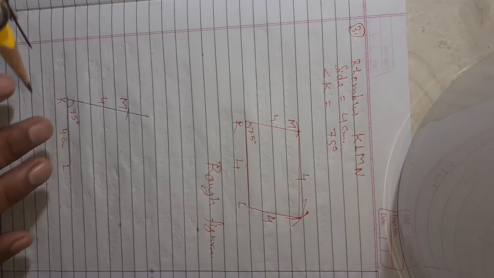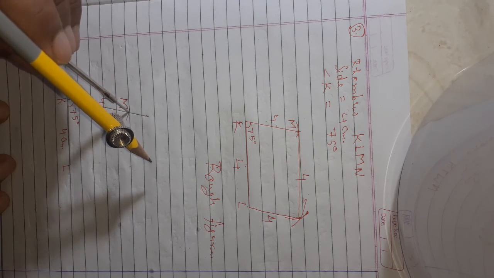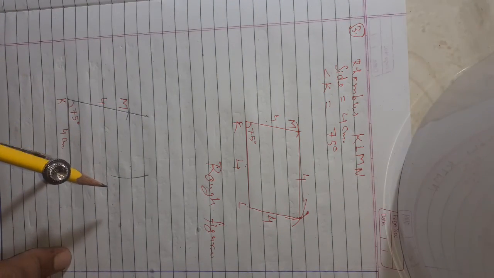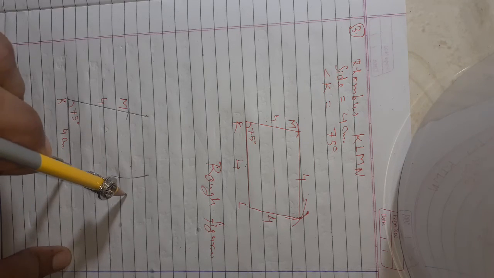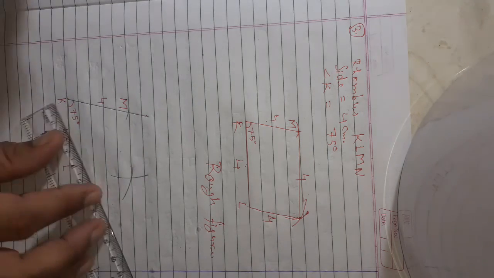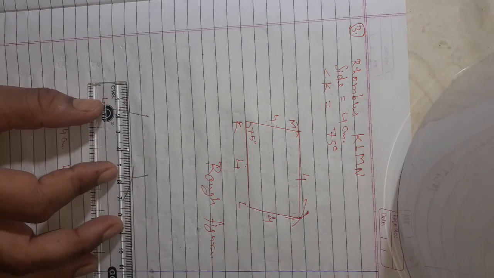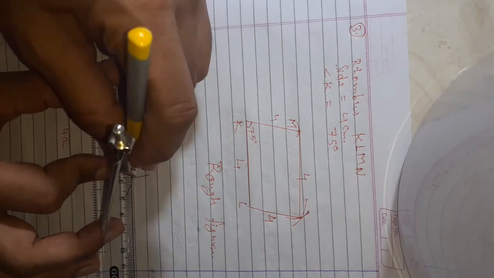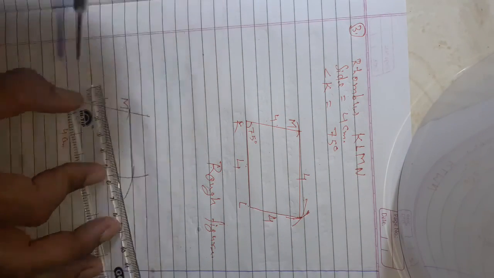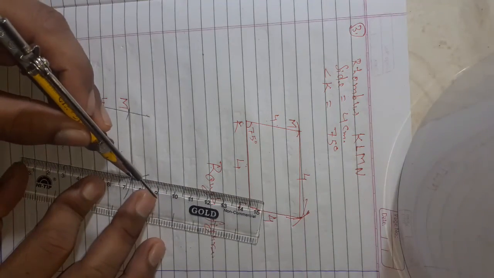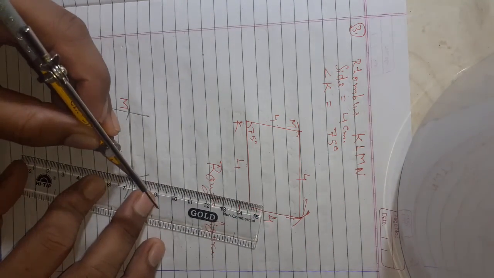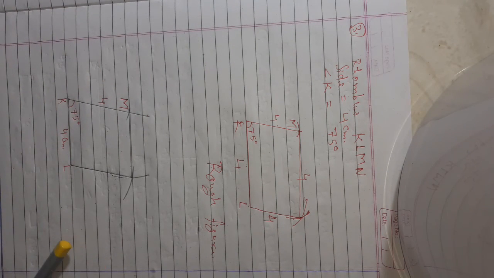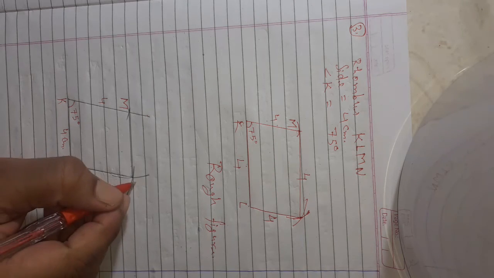Okay, now from point M take an arc of 4 centimeter, and from the L point also take an arc of 4 centimeter. Where they cut, that point will be N. Okay, so you join these two. This also. Okay, this is the rhombus.